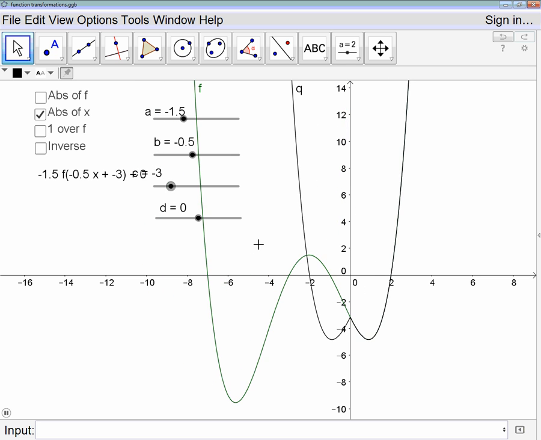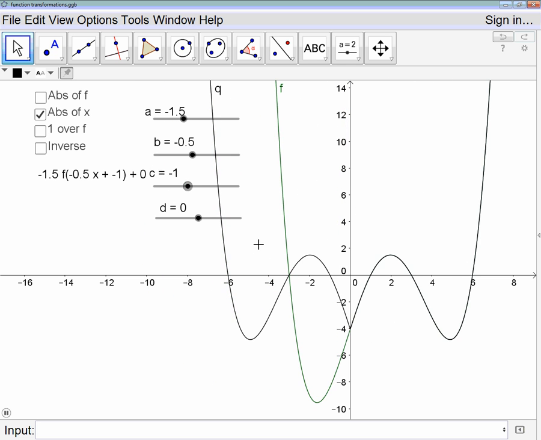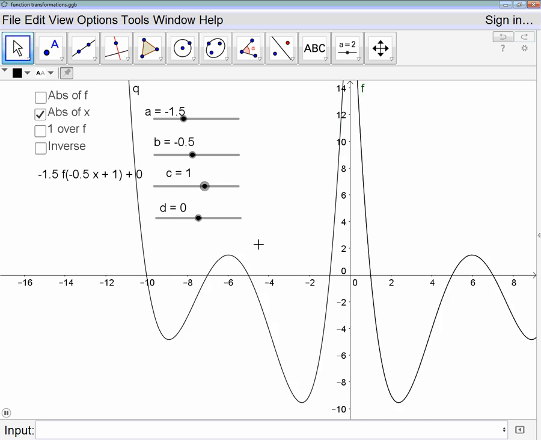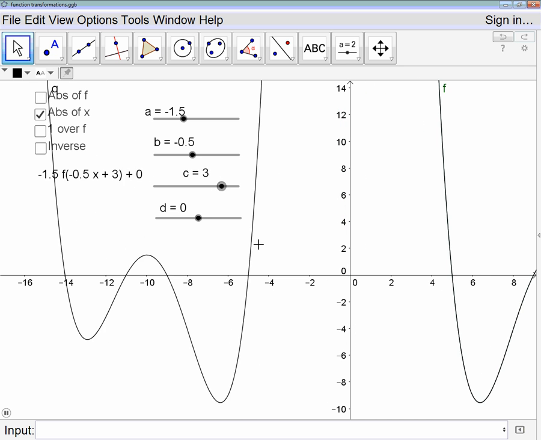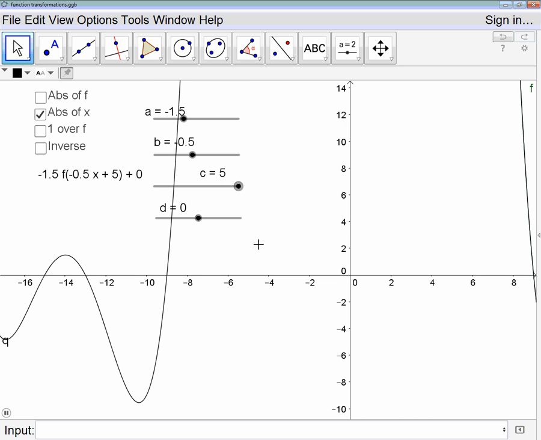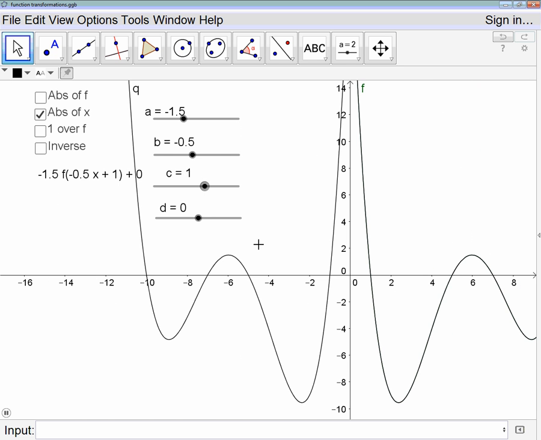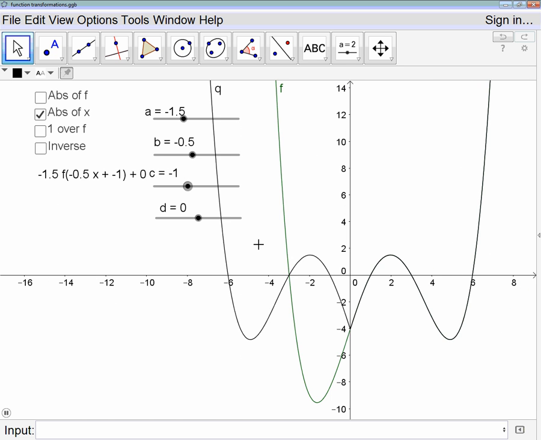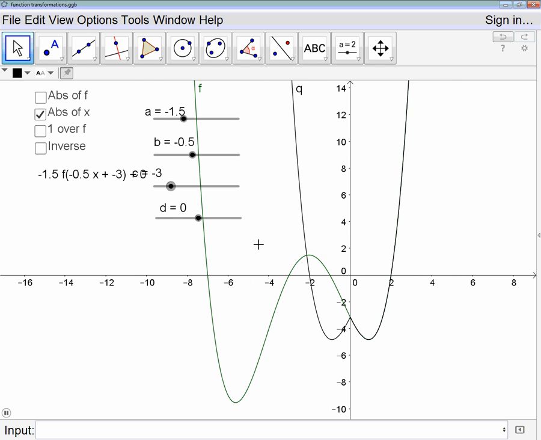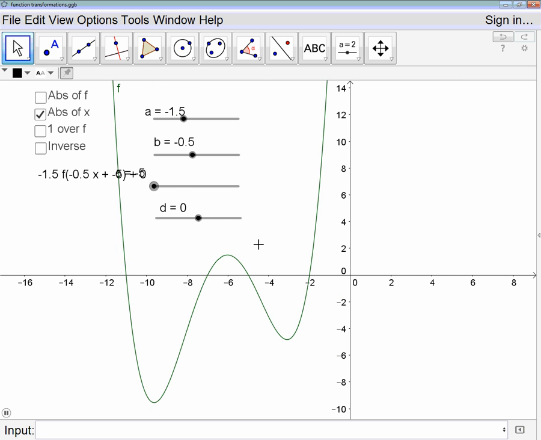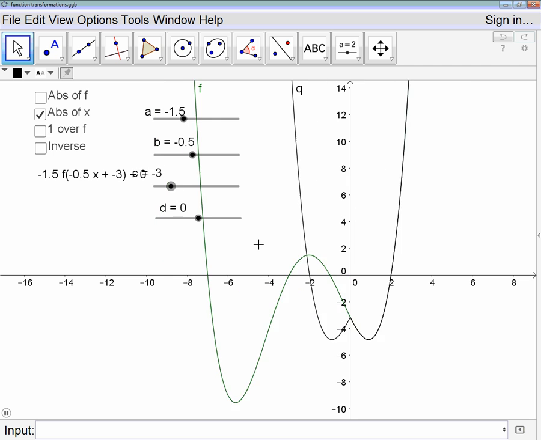Because if you think about it, as soon as I plug in a -2 into the green function, it immediately turns that -2 into a +2. So whatever the function's value is at +2 is what it gives it for -2. So it reflects not over the x-axis, but over the y-axis.